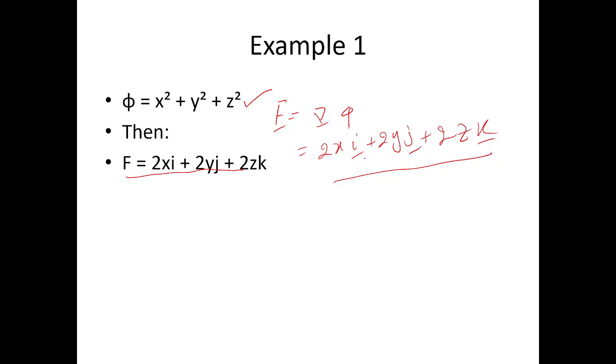So this should be a conservative field. Why? Because we can find a phi for it whose gradient is this F. So this F is conservative, and you can prove that the curl of F in this case is 0.